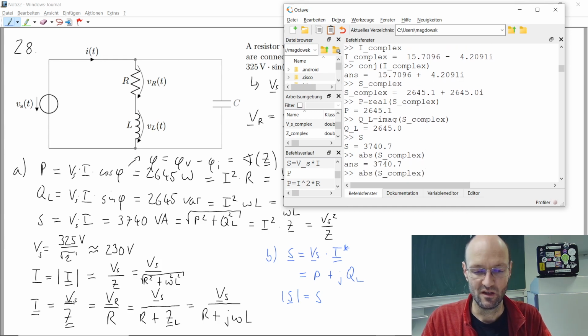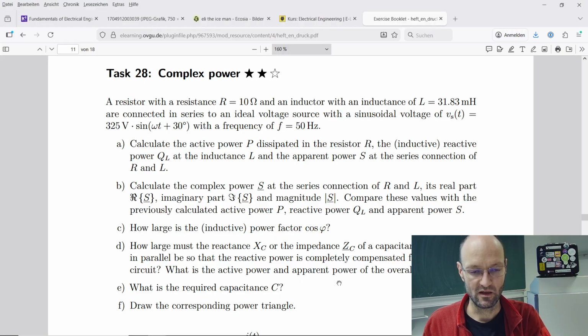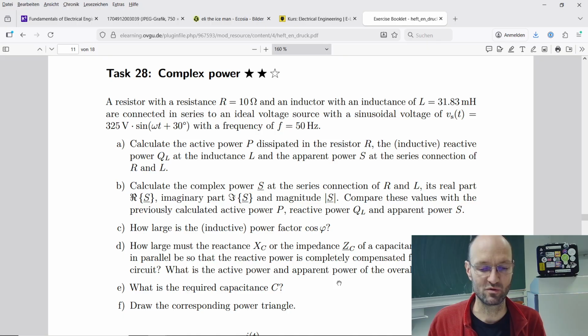So this nicely works and fits and totally makes sense. And we can go back to the task and look, okay, we have calculated this complex power, we have calculated the real part, the imaginary part, and the magnitude, and we found out that it fits to the active power, reactive power, and apparent power that we had before.